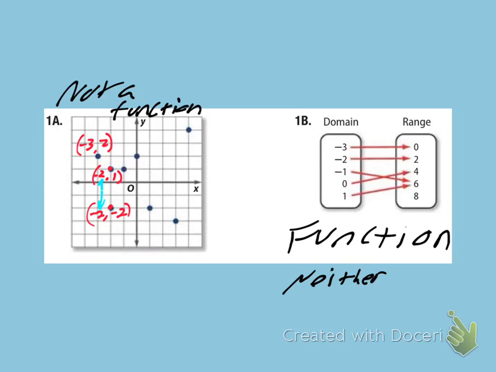Whenever you have boxes, and it's 3 arrows to 3 numbers, and they're not crossing, or they can cross, cross is a bad word, sorry, and they're not sharing, that's the one I'm looking for. If nobody's sharing a number, then it's both. It can cross, that's okay. But if they share, that's not good.